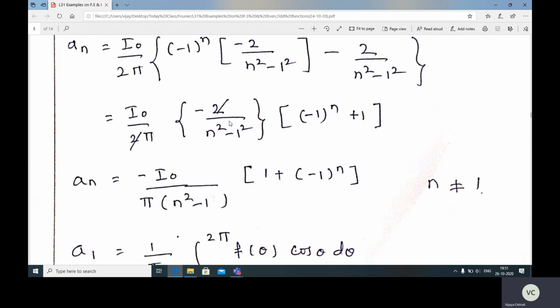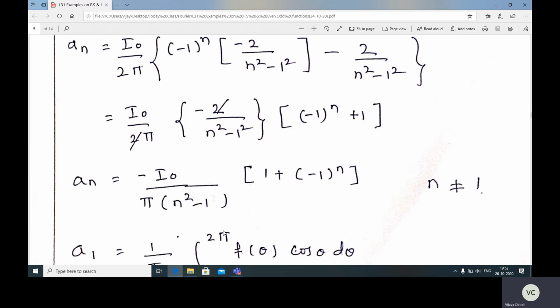The 2 gets cancelled. Minus I naught divided by pi into n square minus 1 square, which will be 1, so n square minus 1, and inside 1 plus minus 1 raised to n. So a_n is equal to minus I naught divided by pi, n square minus 1, 1 plus minus 1 raised to n. This is possible only when n is not equal to 1.